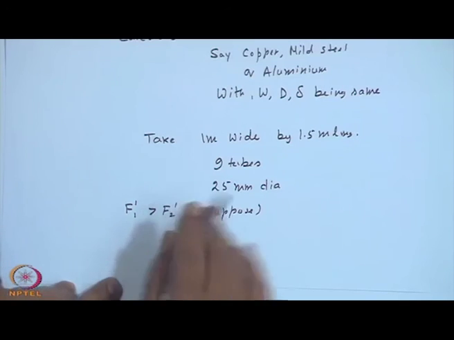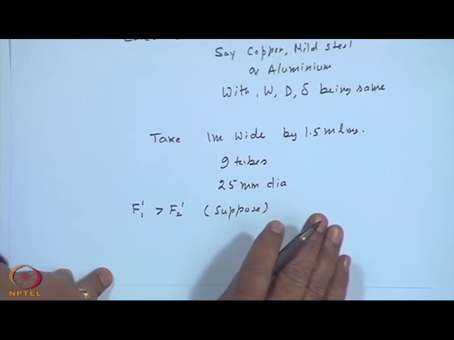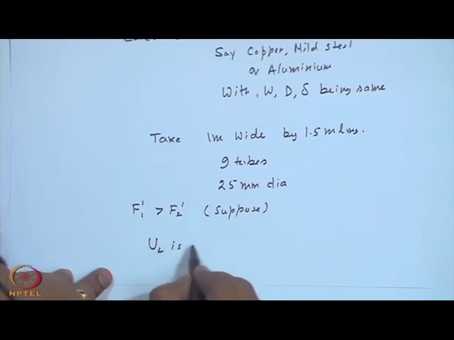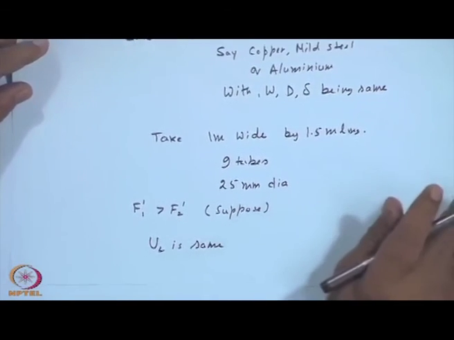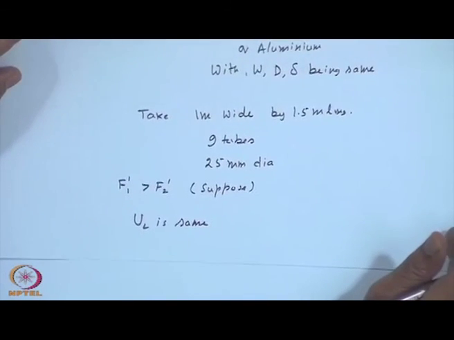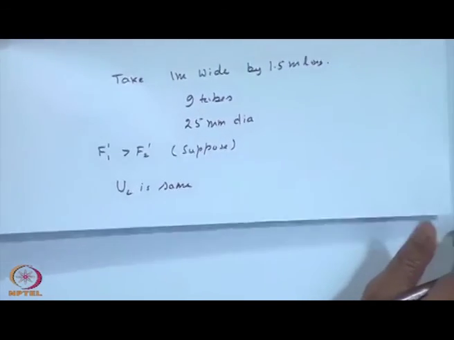In that we are making an assumption subconsciously: same bond conductance and same thickness are geometric factors, W also is a geometric factor, but UL is the same. This need not be, because the exposed areas are different, so my UL may be slightly different. Consequently, even under those conditions, it will be nice if you can establish one configuration is superior to the other, whether analytically or through examples.